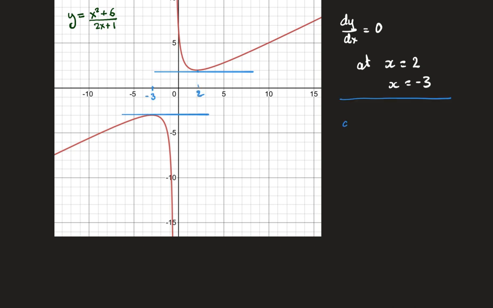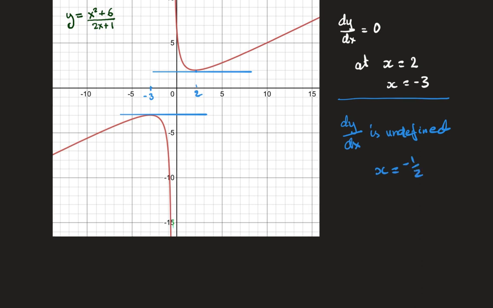And we calculated that dy over dx is undefined at x equal to negative a half. So if I draw a line this way, you'll notice that the graph does not touch that particular line. And this line is called the asymptote.